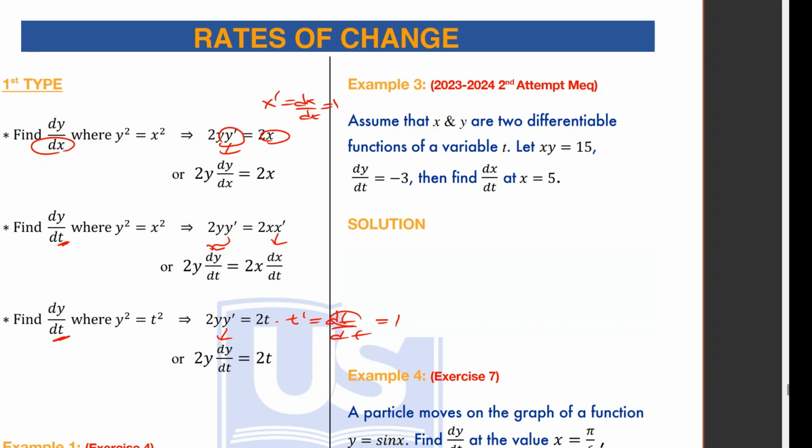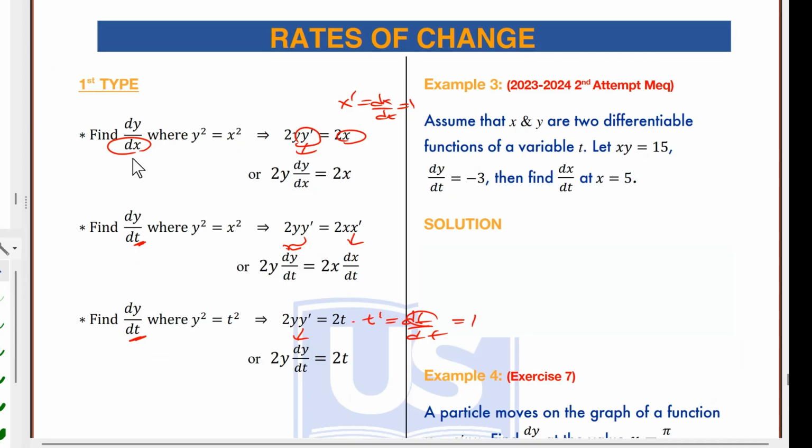So in a nutshell, we can say if the variable in the denominator is the same as the variable in the function, then we do not write the prime. Here also the same: dt here, the function is t, we did not write t prime. We did not write x prime there, because that is the variable in the denominator.